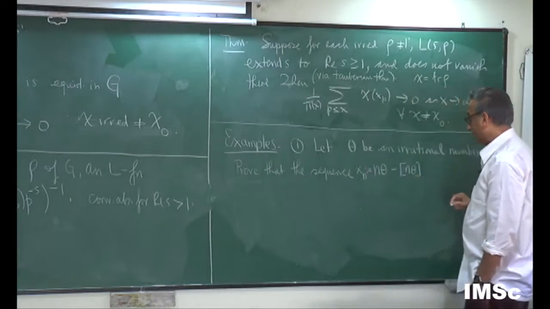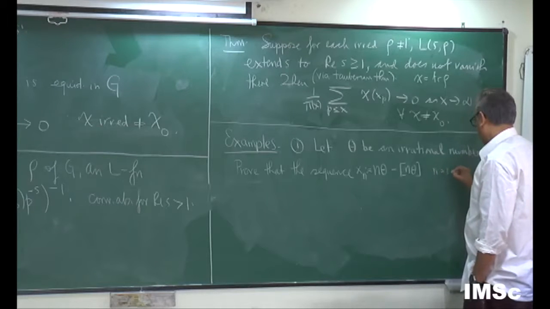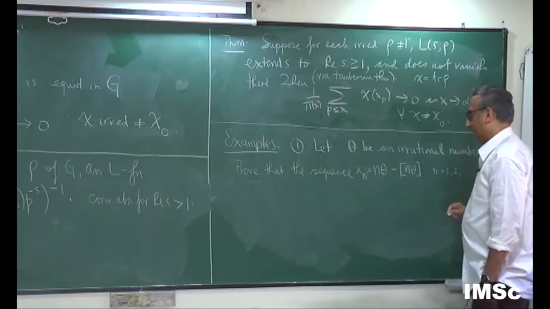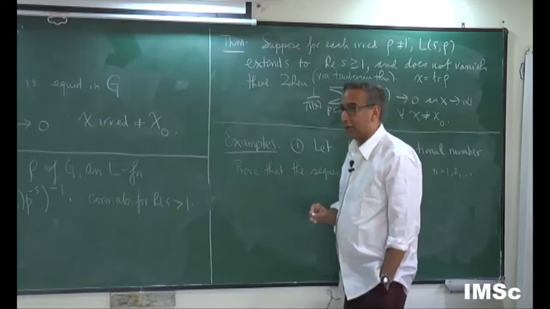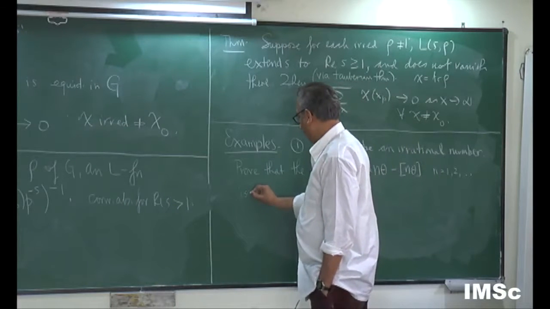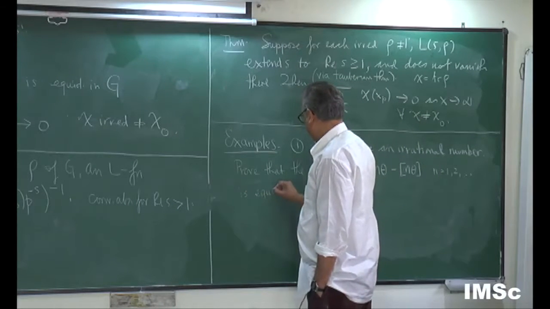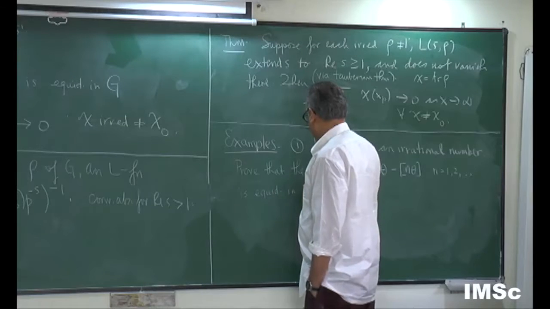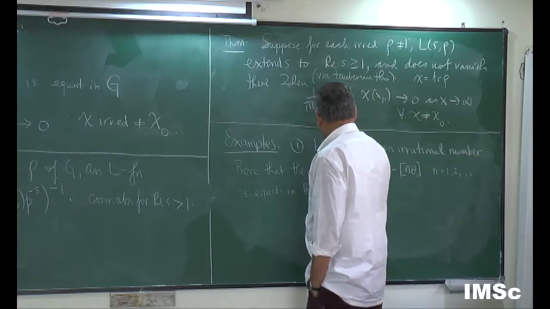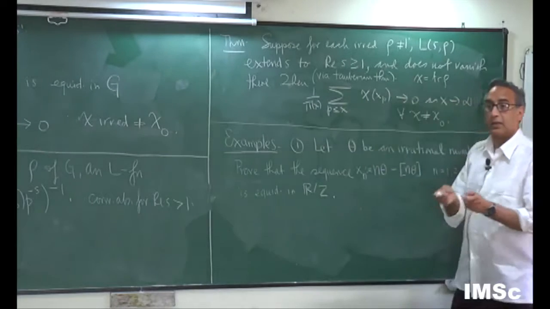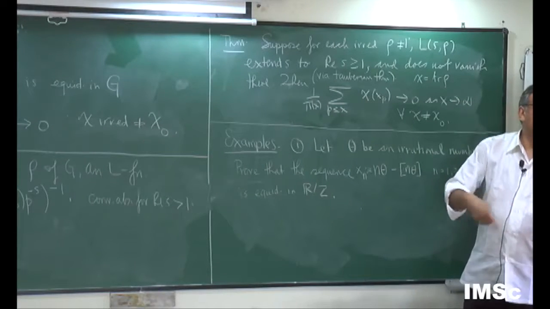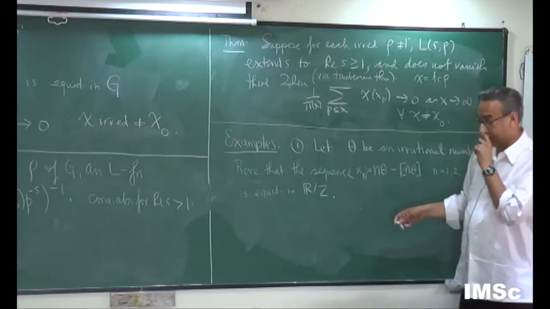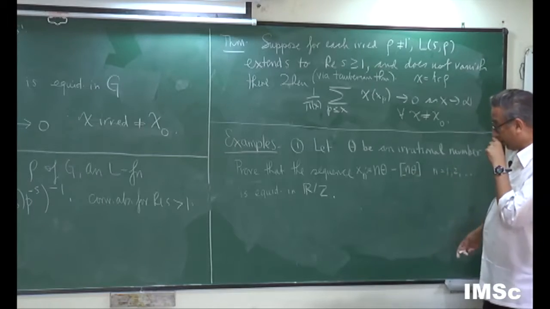X sub n is this thing, n going from 1 to dot dot dot, is equidistributed in the circle. That means these fractional parts are always between 0 and 1, right? I can think of them as on the line 0 to 1, and so we are trying to show this equidistribution.